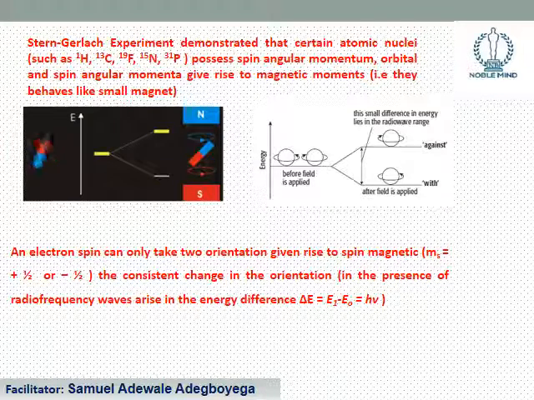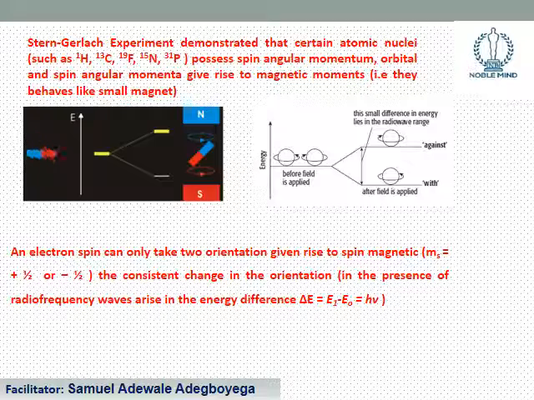the atomic nucleus starts to be moving about, you call it spinning, and that made it behave like a tiny magnet.